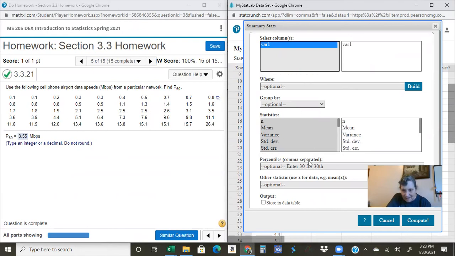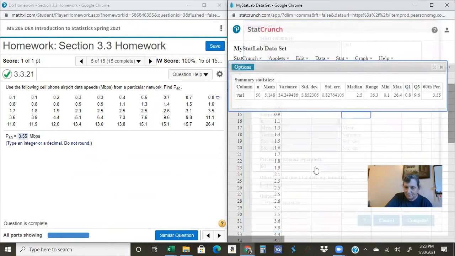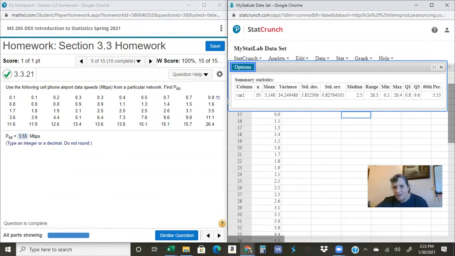And to get the percentile, notice down here, if I want my percentile that is 60, look over here. My 60th percentile number is right there, 3.55.